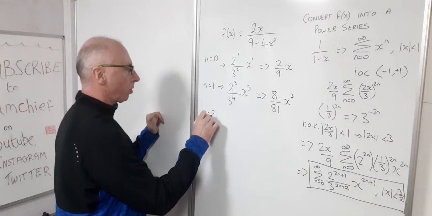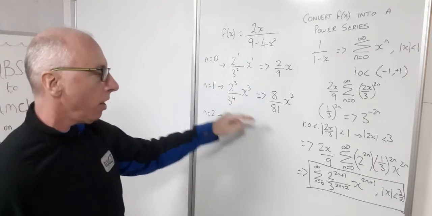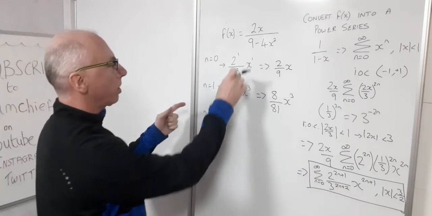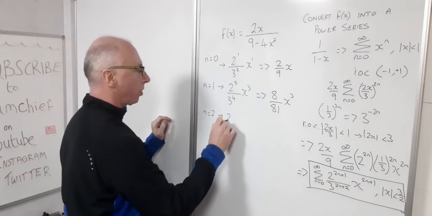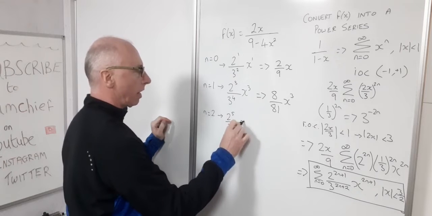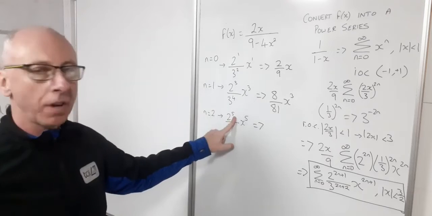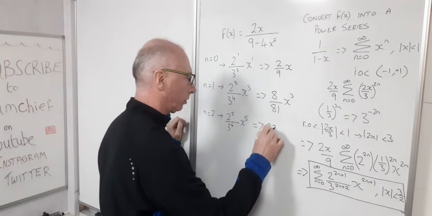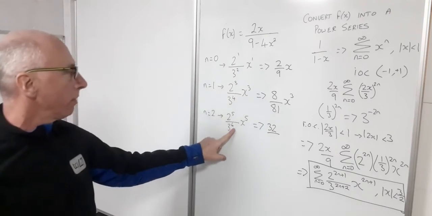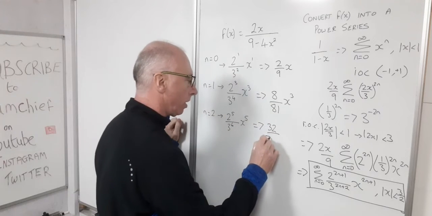And then when n equals 2, we can continue with our series here and see what the pattern is. We now have 2 to the 5, 3 to the 6, and then x to the 5. So 2 to the power of 5 is 32. 3 to the power of 6 would just be this times 9, so that's 729.